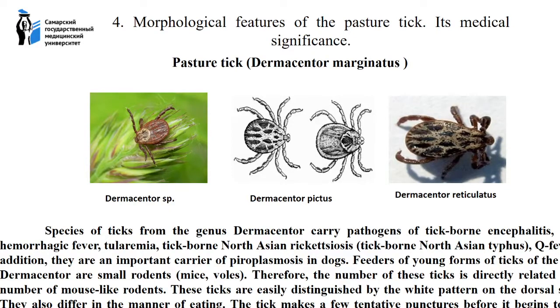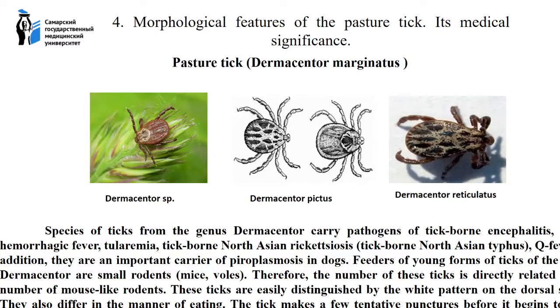pyroplasmosis in dogs. Feeders of young forms of ticks of the genus Dermacentor are small rodents, mice or voles. Therefore, the number of these ticks is directly related to the number of mouse-like rodents.